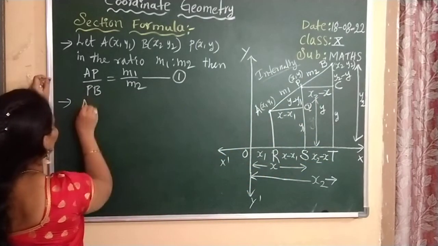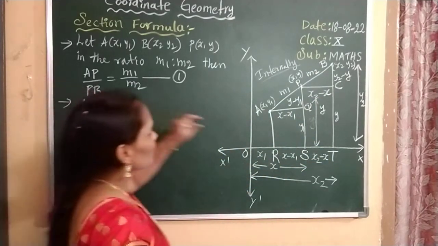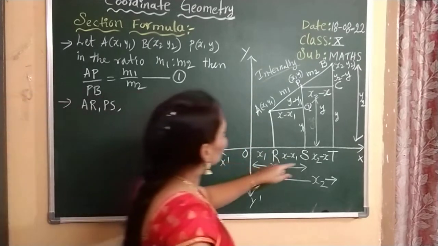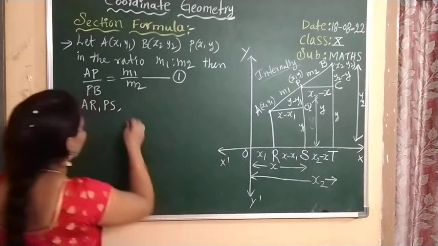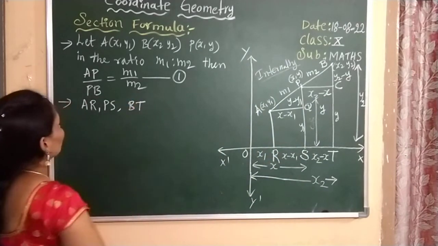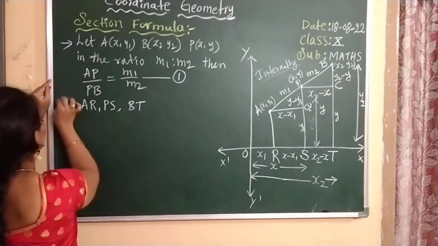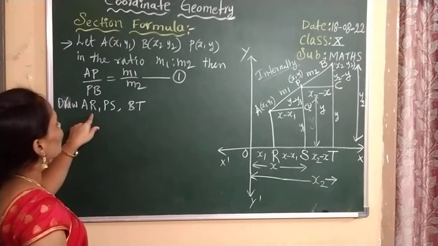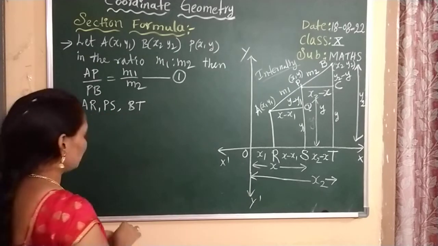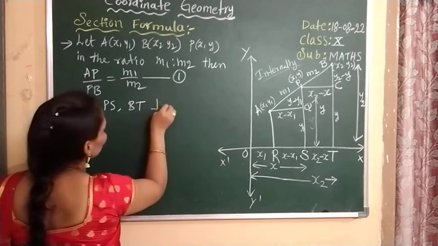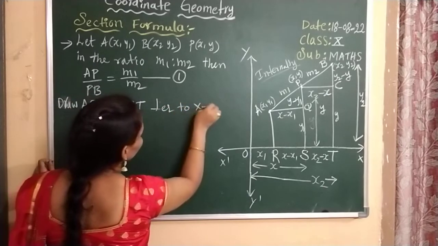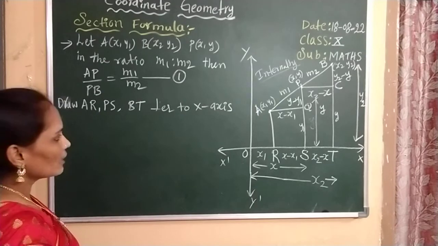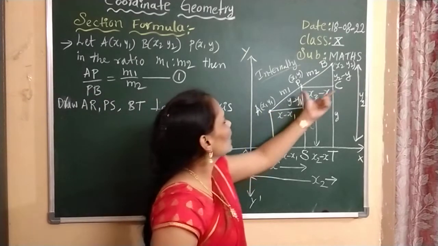Before that, you can write: draw AR, PS, BT perpendicular to the x-axis. And one more thing, AQ and PC.